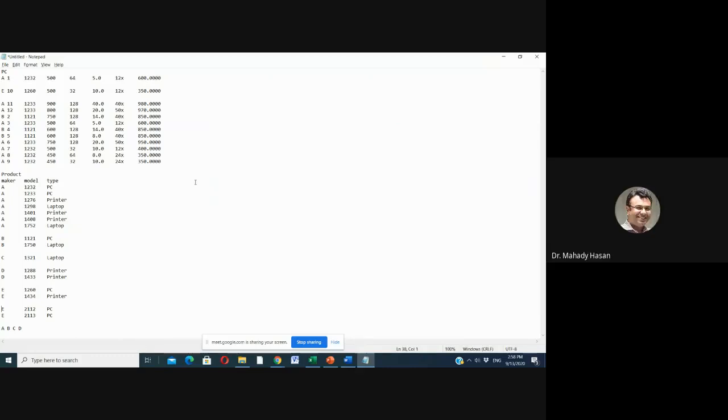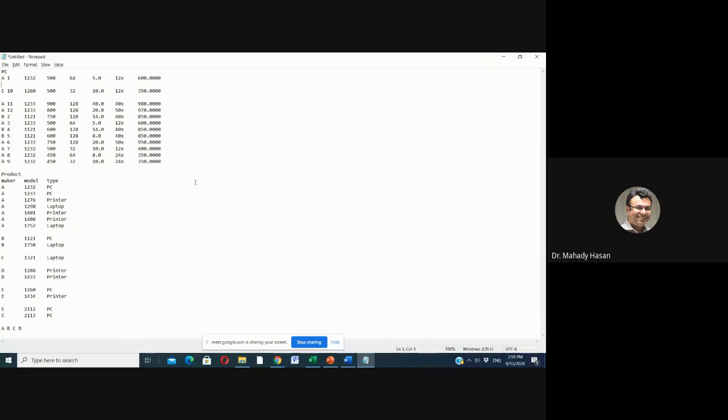Okay, so how can we solve this problem now? How can this be solved? What are the logics, or what should we do to get this A, B, C, D from these two tables?